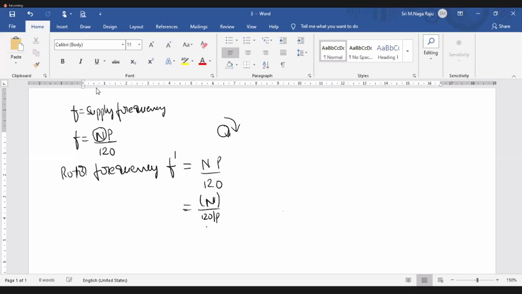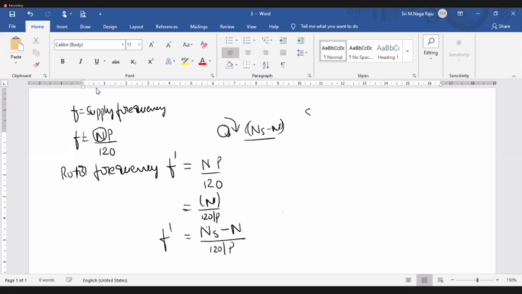The relative speed is Ns minus N. The rotor frequency depends on this relative speed, so f dash equals (Ns − N) times P by 120.